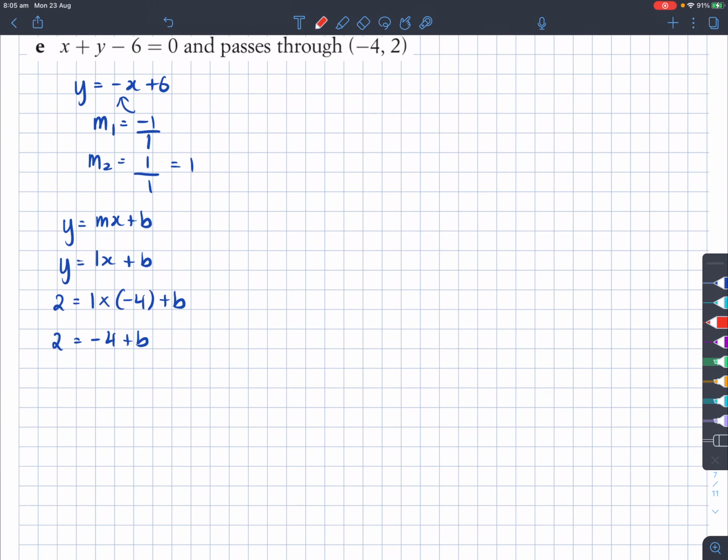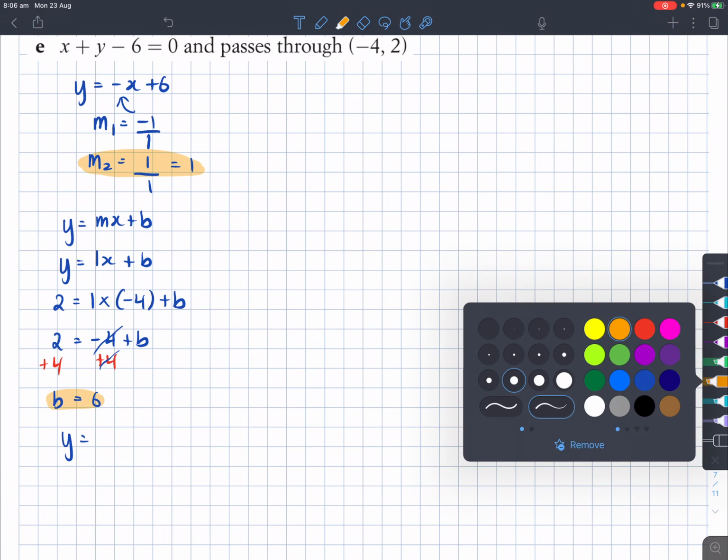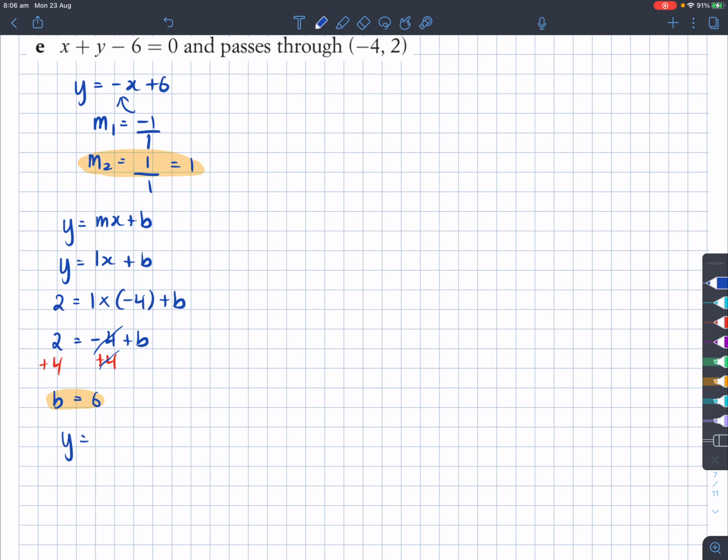And now adding 4 to both sides, like that. This gets me b equals 2 plus 4, which is the number 6. Okay? And now y would equal mx plus b, where m is going to be 1 and b is going to be 6. So y would equal 1x, which is x anyway, plus 6. All right, that's our equation of a perpendicular line.